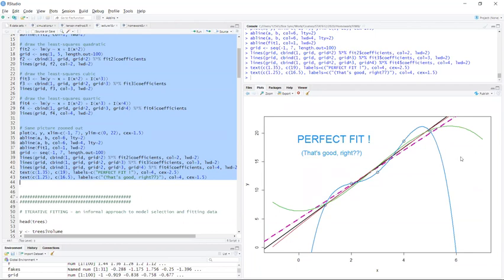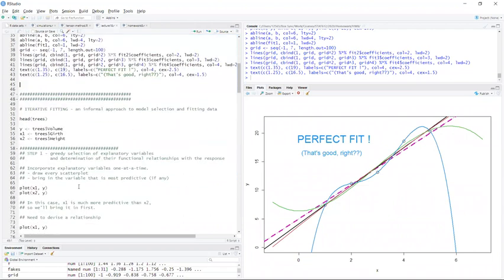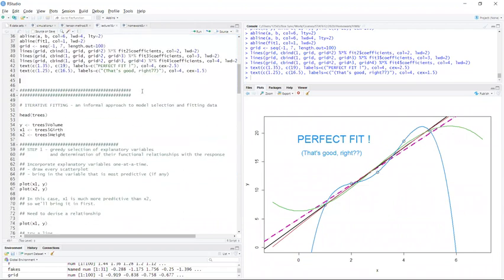So we decided that maybe there's more to it, and in fact the bias variance trade-off is what should guide our thinking in terms of picking a good curve to fit data, or a good surface maybe.